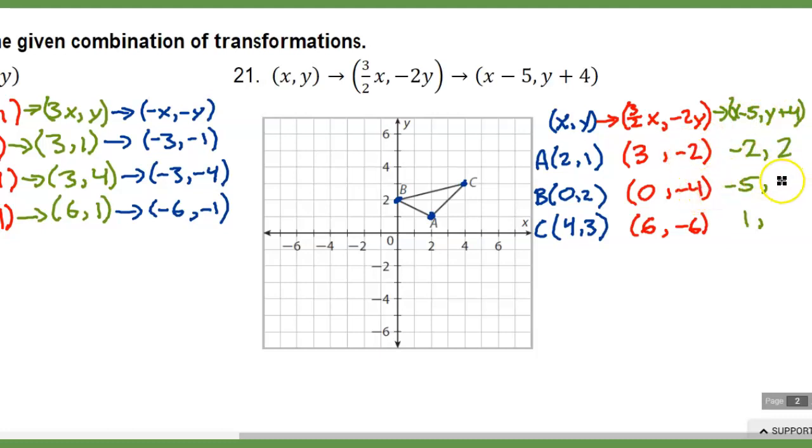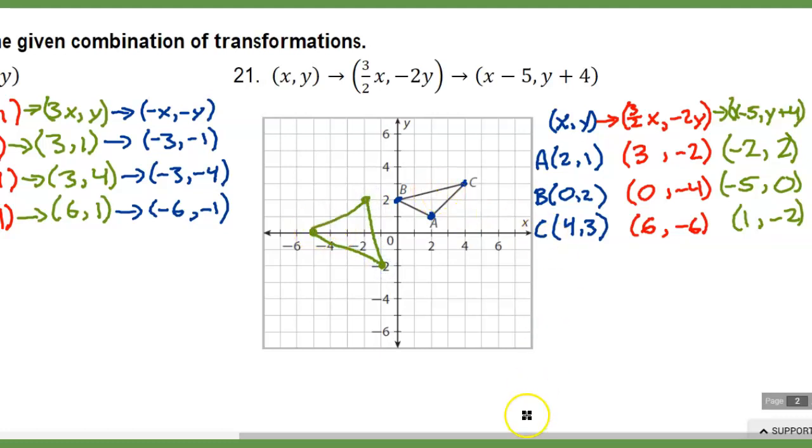Negative 4 plus 4 is 0. And negative 6 plus 4 is negative 2. So here are our transformed coordinates. Negative 2, comma positive 2. Negative 5, 0. And 1, negative 2. There we go. Our transformed image.